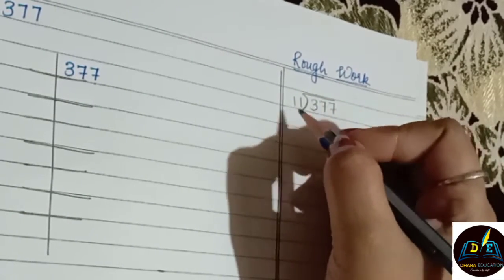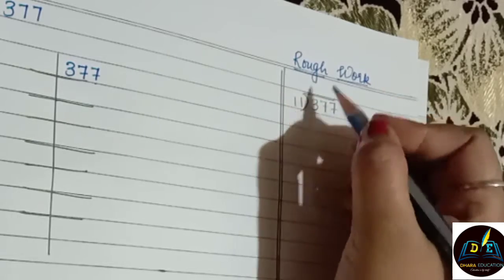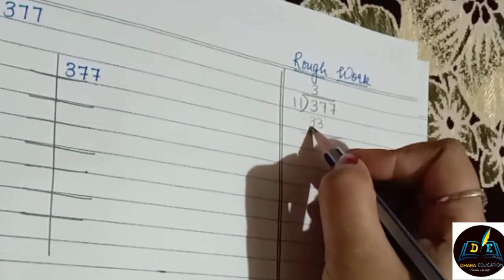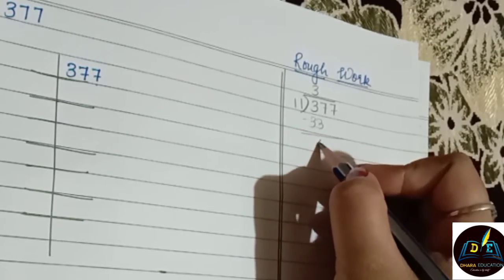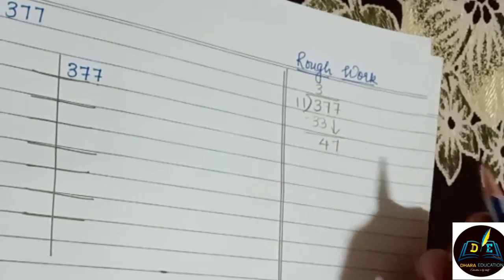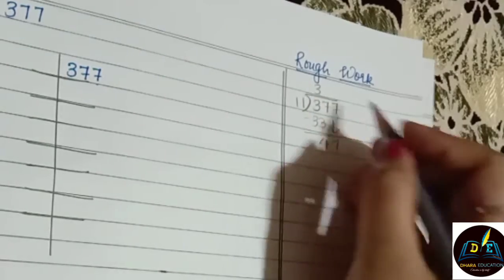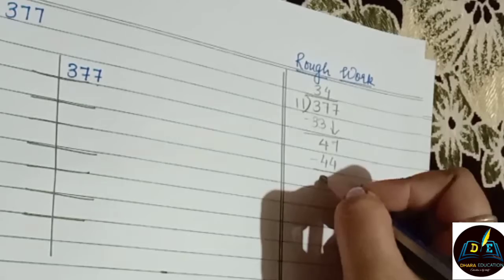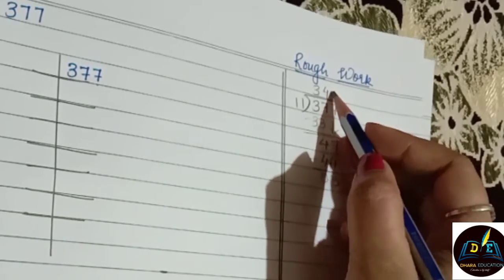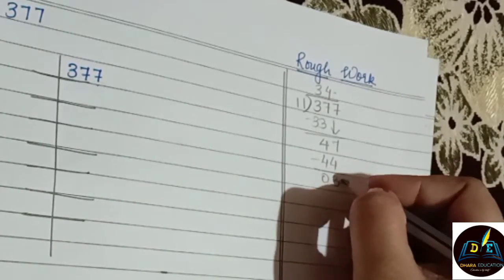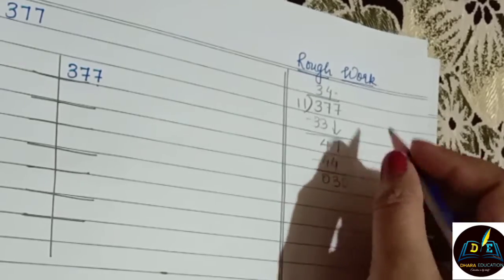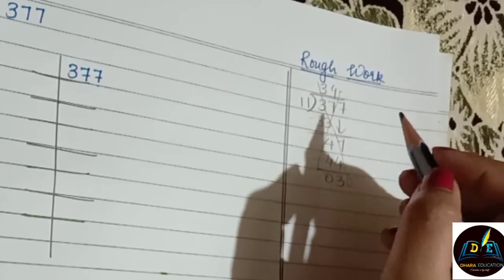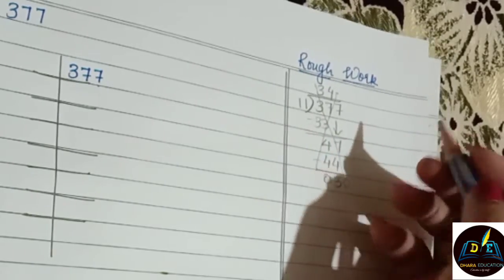Say for example, if I try in front of you, 11 3s are 33. 37 minus 33 gives you 4. And this 7 comes down again. And then 11 4s are 44, 0, 3. So we need to take a decimal point so that 0 comes again. So this is a wrong method of calculating the factorization. So in this particular method, we need to focus on the double digits.